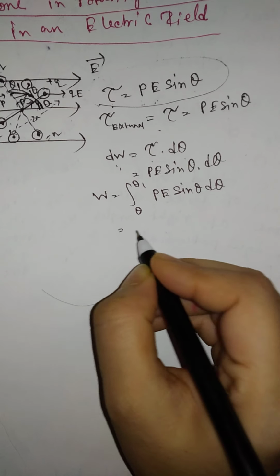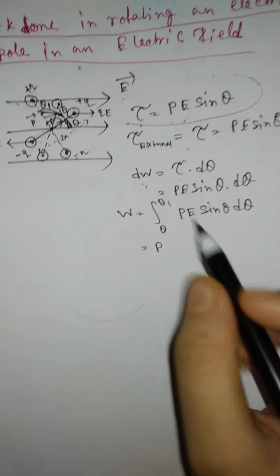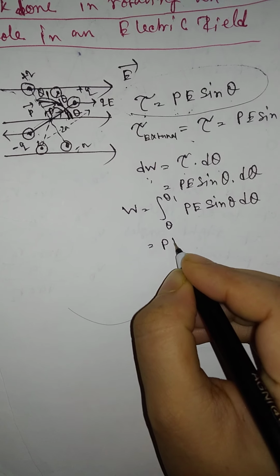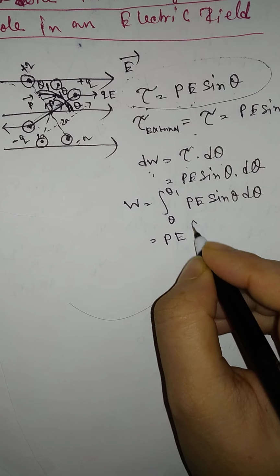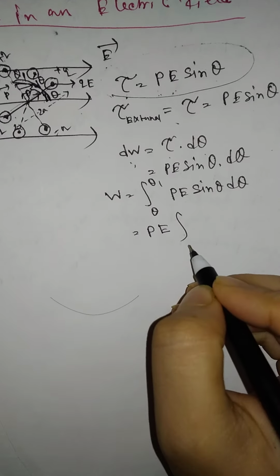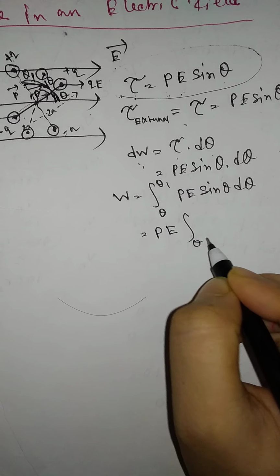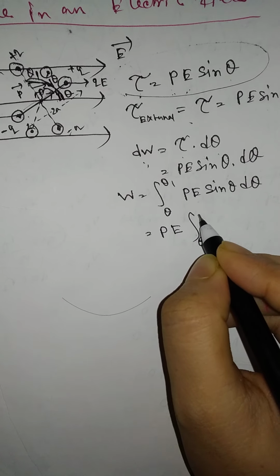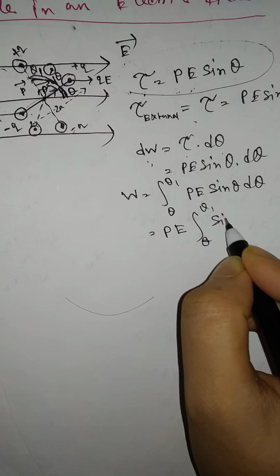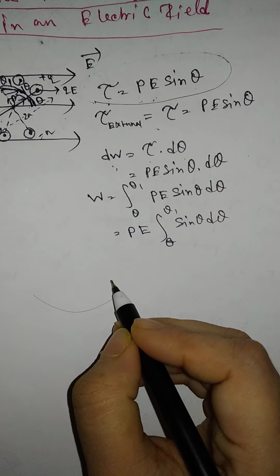Here p is constant because the dipole moment of this dipole is constant, and intensity is also constant, so they come out of the integral. So we have to integrate sin theta d theta.